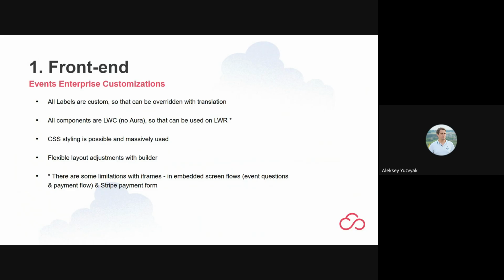All labels in the package are built with custom labels and can be overridden with the translation workbench. It is possible to change, I would say, any text that is visible on the front end side.